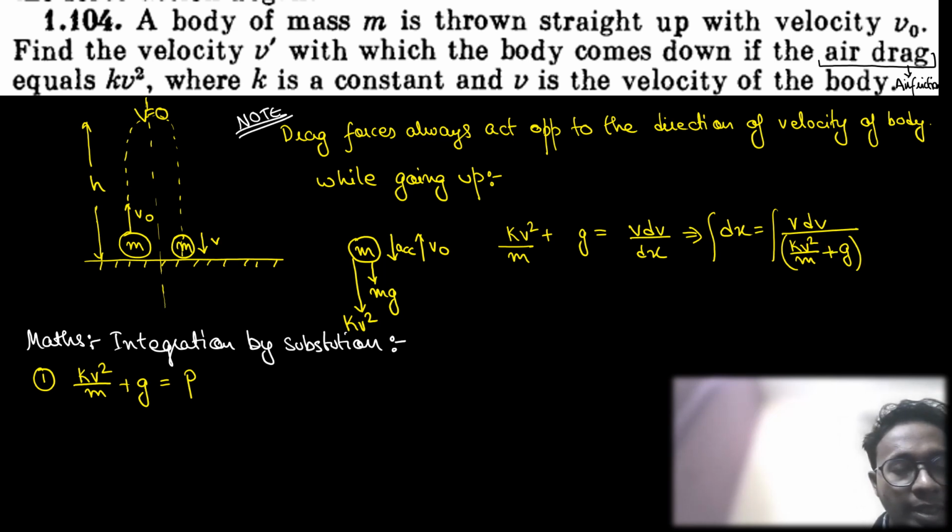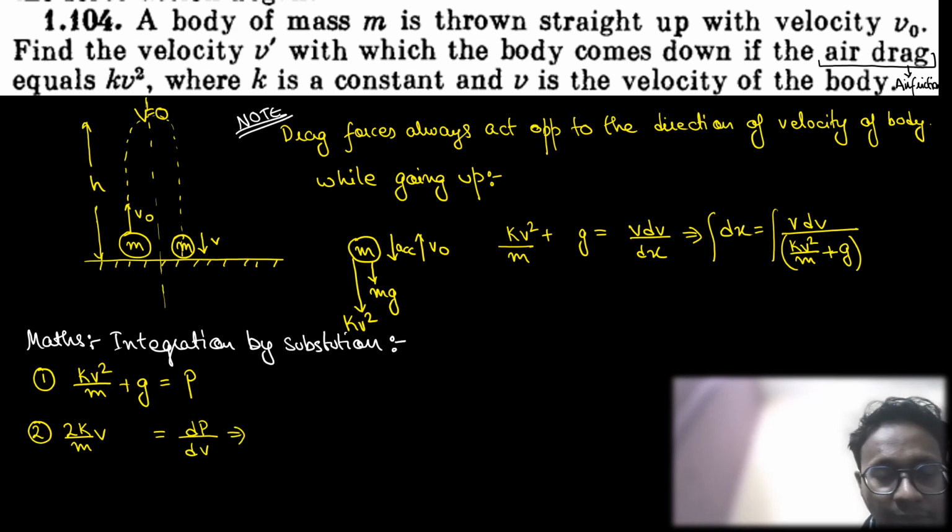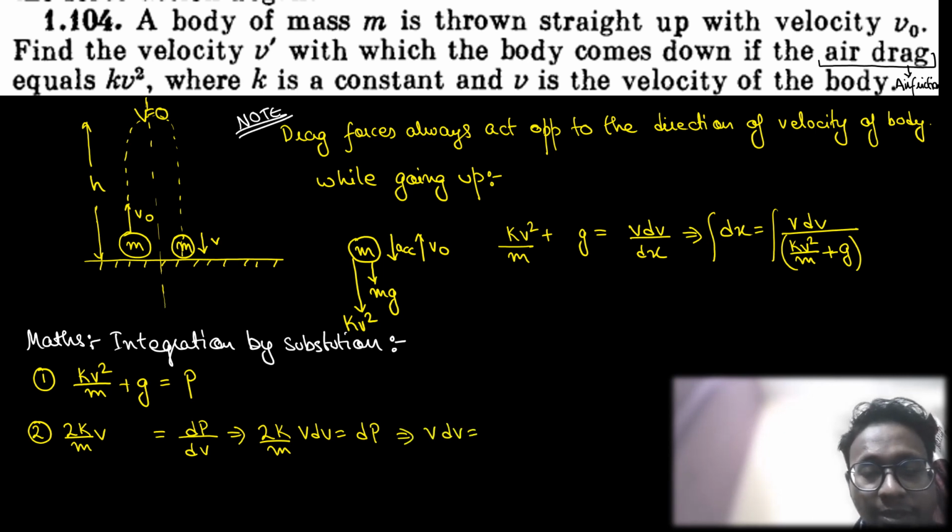So out here, can I say dp by dv? What I'm trying to do is differentiate this entire equation with respect to v. So it will be nothing but 2k by m v is equal to dp by dv, or 2k by m v dv is equal to dp, or v dv is equal to how much? dp into m by 2k.